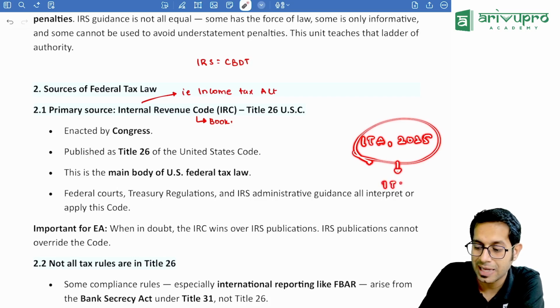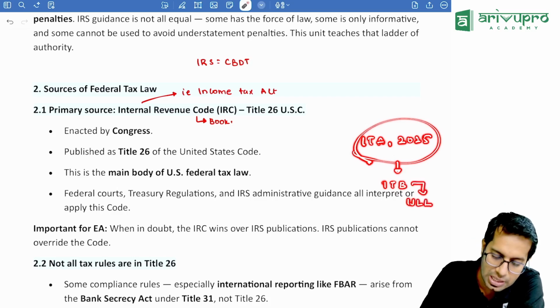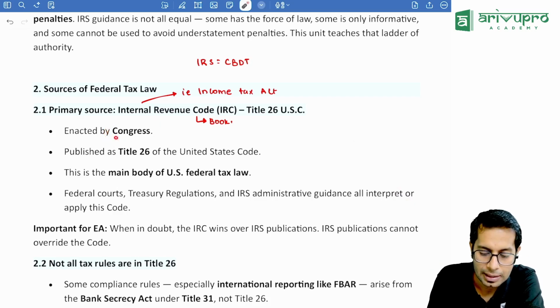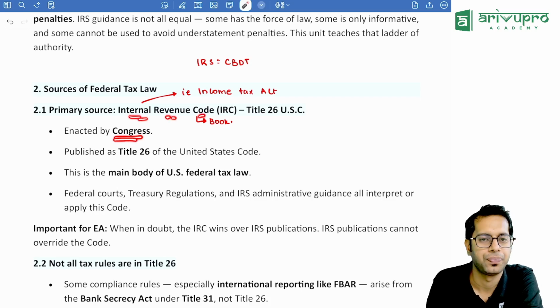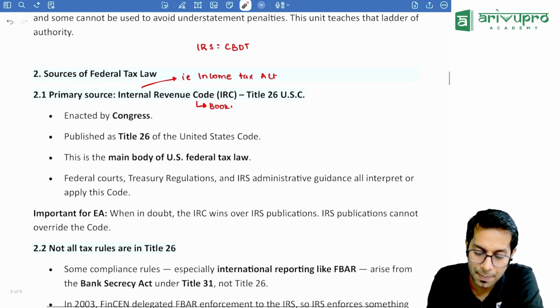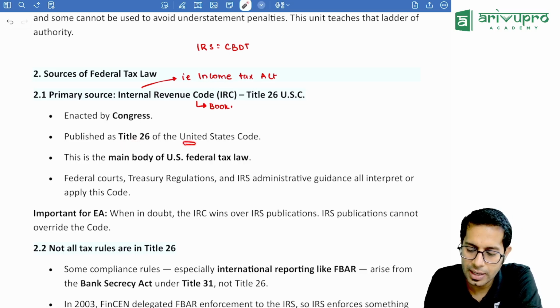There was an income tax bill which was presented in the upper house and lower house of parliament. So just like that, the Congress over there, the government of the United States, enacted this particular code, and it is published as Title 26 of the United States Code.